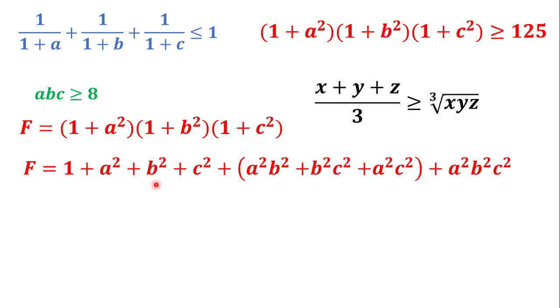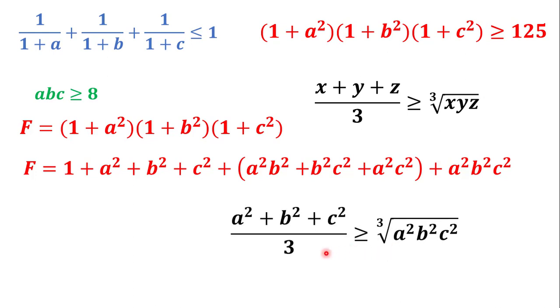Now we put x equals a squared, y equals b squared, and z equals c squared. So we're going to get a squared plus b squared plus c squared over 3 is greater than or equal to the cube root of a squared, b squared, c squared.